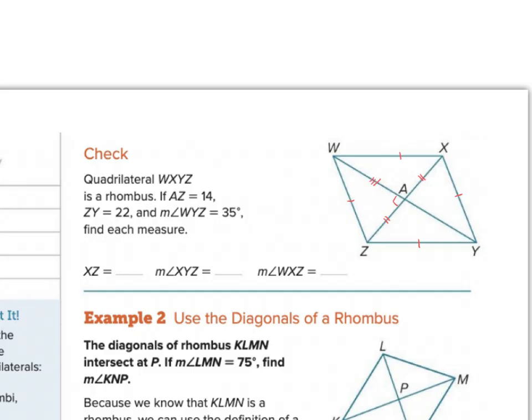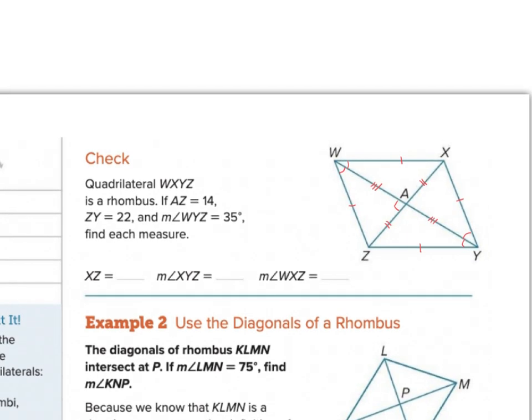I know that this one should be congruent to that. I know that this angle and this angle and this angle and this angle are all congruent. I know that this angle is congruent to this angle, which is congruent to this angle, which is congruent to that angle. All right, so that's all the stuff I know based on the properties of a rhombus.